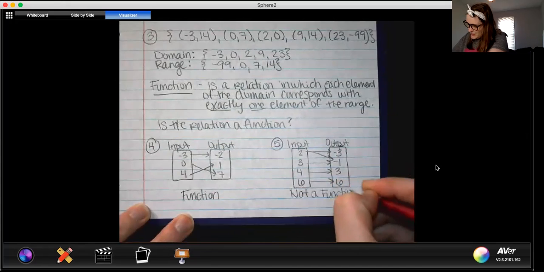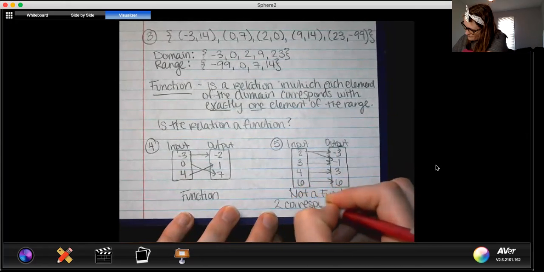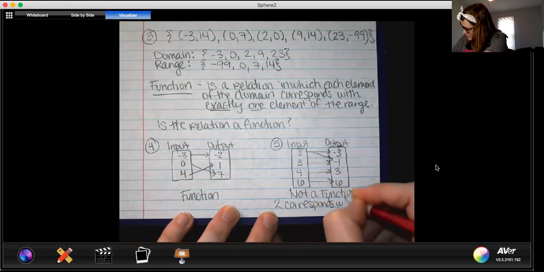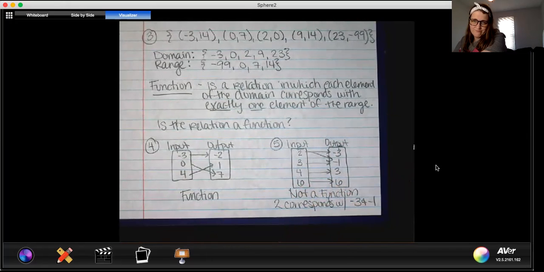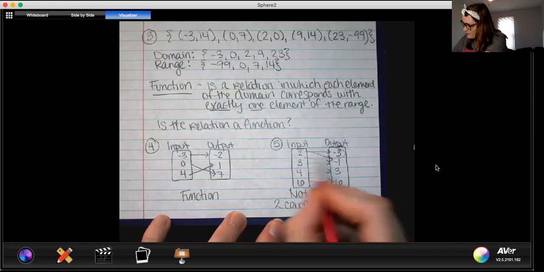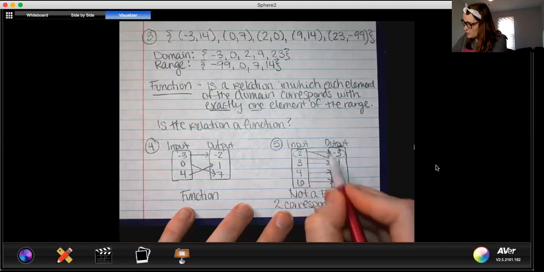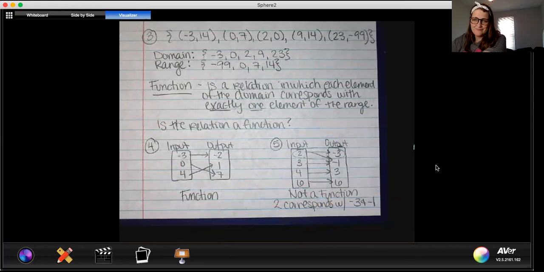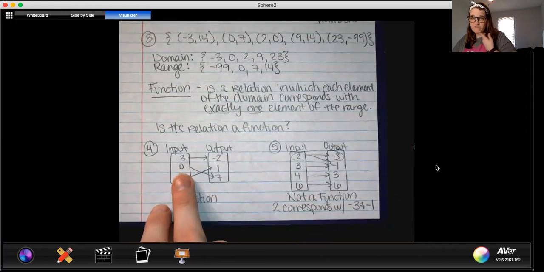And the reason being is that 2 corresponds with -3 and -1. You see it right here. It corresponds with 2 arrows. Okay. So that's one way of telling if a relation is a function.